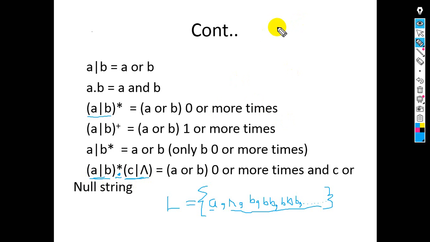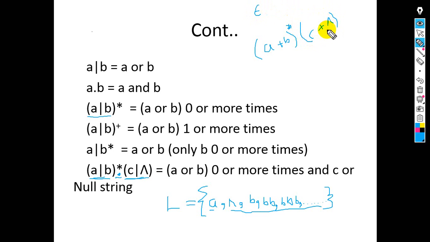So in general we can say like this, (A plus B) whole star, okay, whole star, and C plus null string. The null string can be represented by this one, we can also represent it by the epsilon sign.